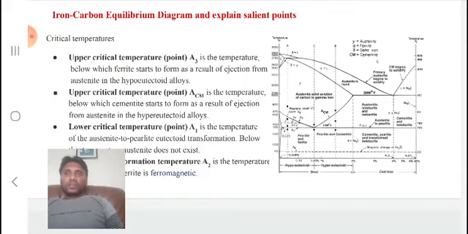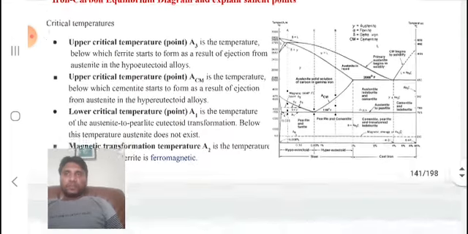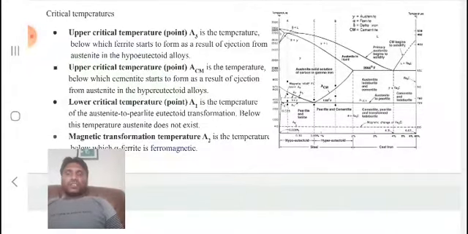The lower critical temperature point, or A1, is the isothermal line, the temperature of the austenite to pearlite eutectoid transformation. Below this temperature austenite does not exist, because austenite forms only after 910 degrees centigrade if it is pure iron, and only after 723 degrees centigrade if it is 0.8% carbon.